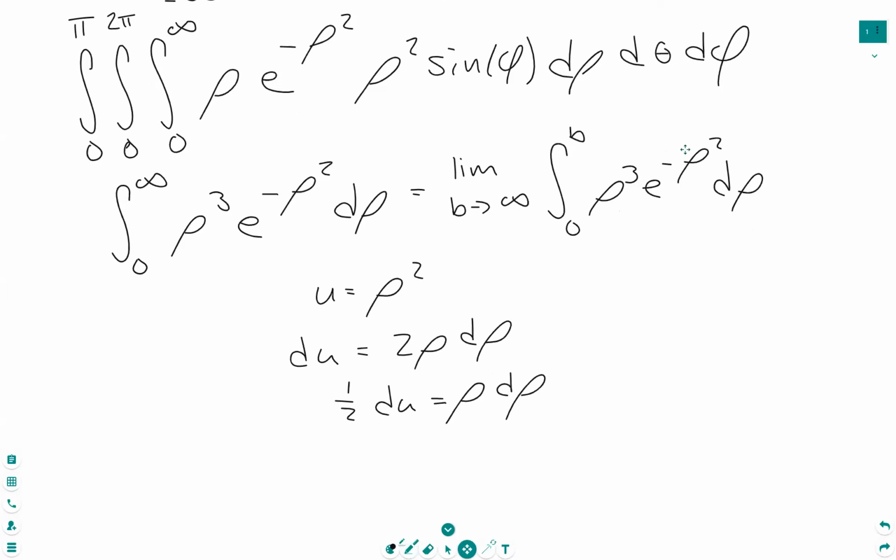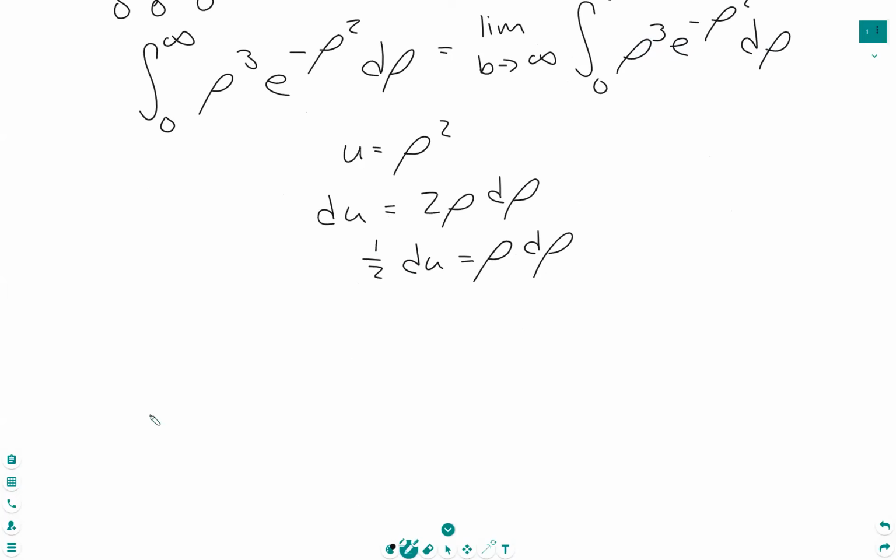So if I look in the context of my integral here, I can set this as e to the negative u, and then I can take one of these rhos and the d rho and turn that into a 1/2 du. I'm left over with a rho squared, but from this right here, I know that rho squared is equal to u. So I can write this as the limit as b goes to infinity, the integral, and we'll worry about the bounds in a second, of 1/2 u e to the negative u du.